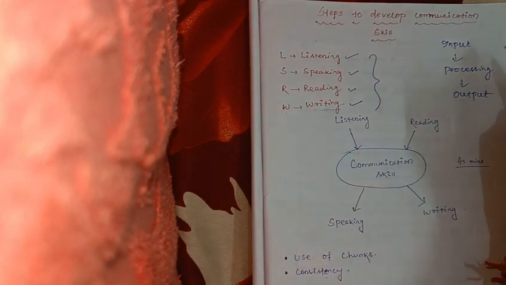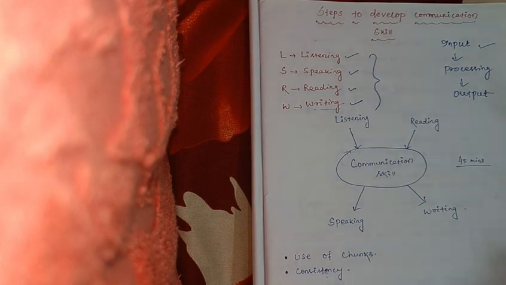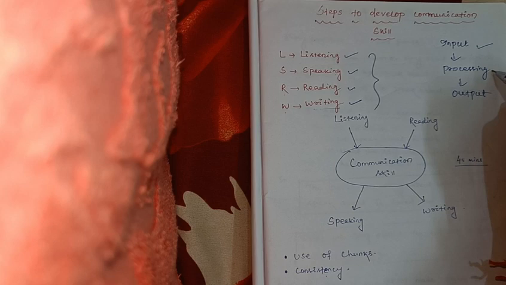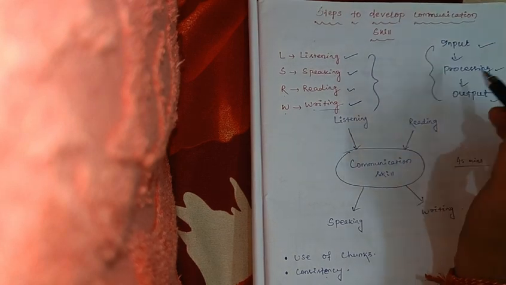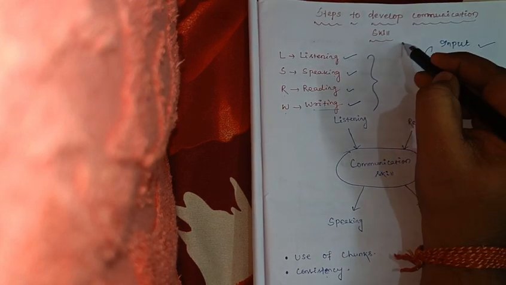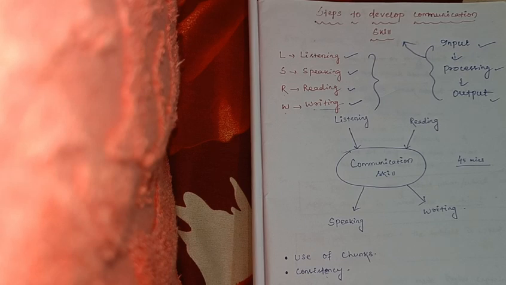If we are not giving any input, then the computer is not going to give any kind of output. So we are giving some input, we are giving our problem, the computer is doing the processing part with the help of CPU, and after that it is giving us the output. The same model is applicable to master communication skill.